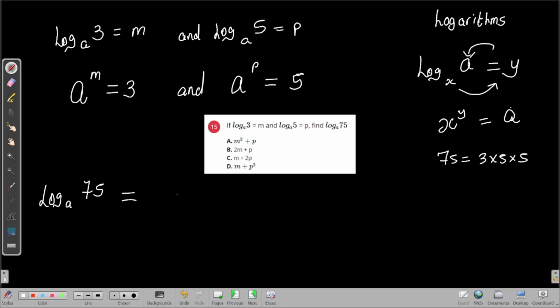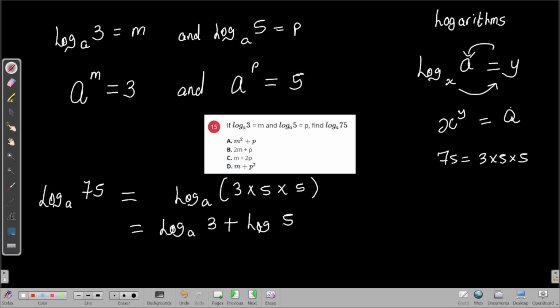So this is log in base a of the bracket 3 times 5 times 5. So that's log 3 in base a, then log 5 in base a plus log 5 in base a again.